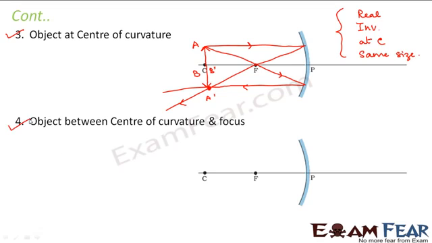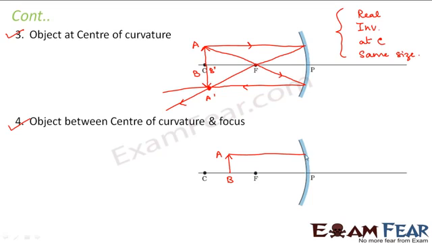Let us look at the fourth scenario, where the object is placed between the center of curvature and the principal focus. So now the object is still nearer to the mirror. This is my object AB. Here also let me assume any two rules.